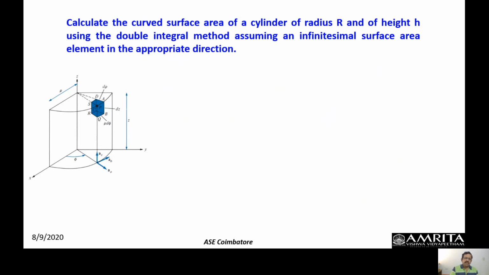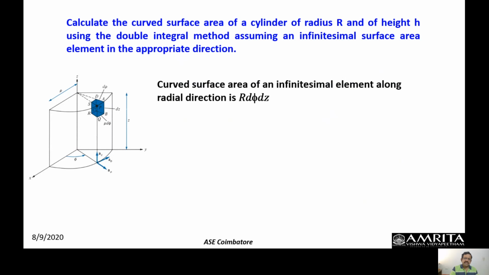So here when we talk about the surface area, we are going to have r d phi dz because the radius remains constant, whereas the phi is changing. I need the surface area of the cylinder. So here is my cylinder. Okay, let us say you see this, I want to know this cylinder.